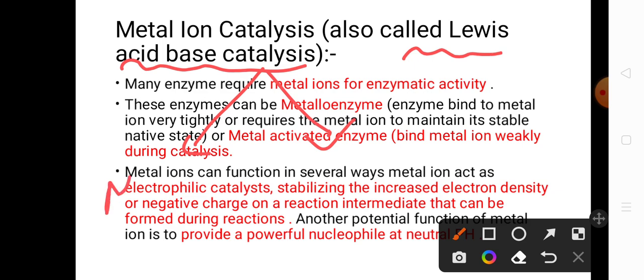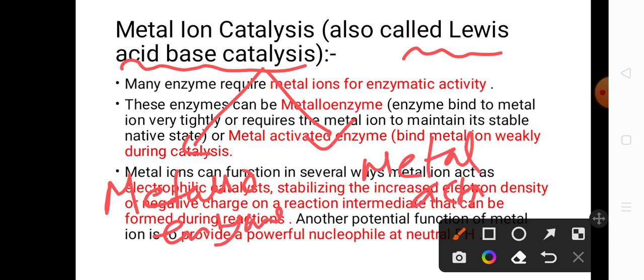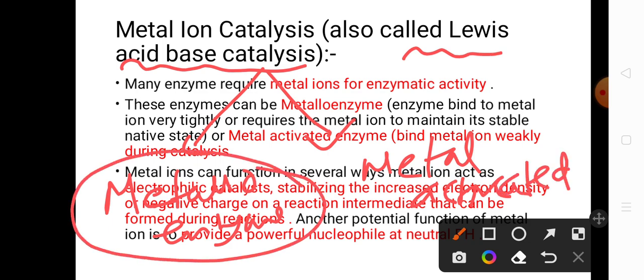Okay, one is metalloenzyme, another one is metal activated enzyme. Okay, so metalloenzymes are those where the metals are bound to the enzyme very tightly, and their metal ion is necessary for the enzyme to maintain its stable native state.